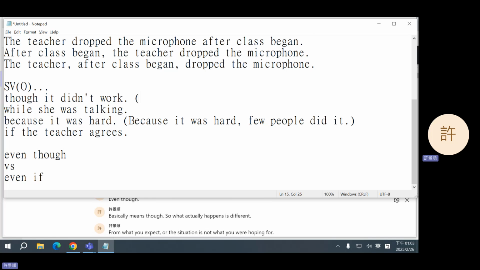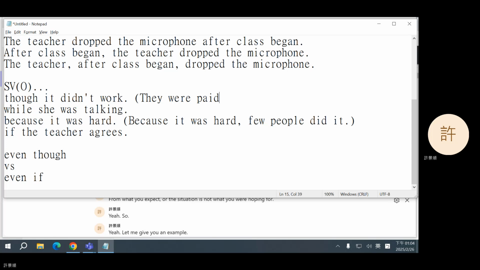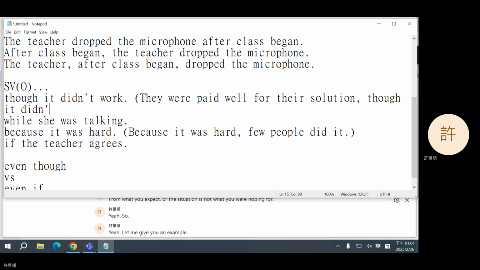Yeah, let me give you an example. They were paid well for their solution, though it didn't work.